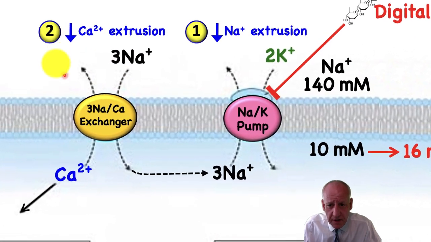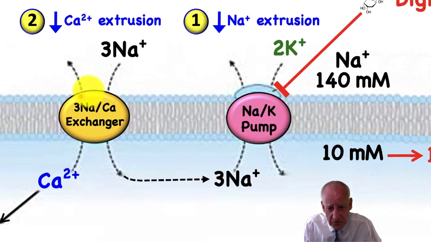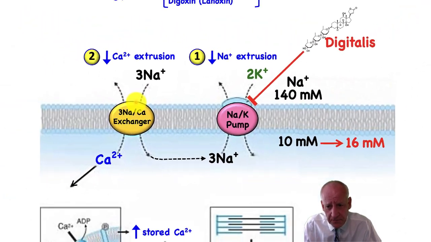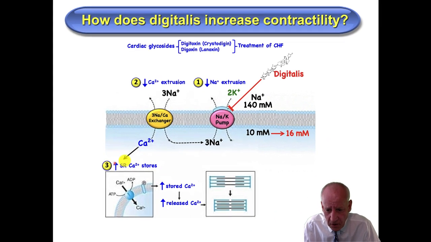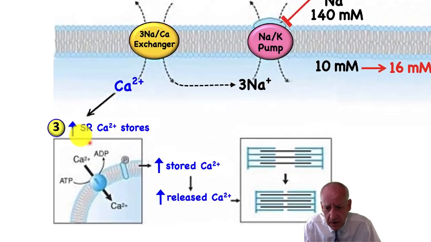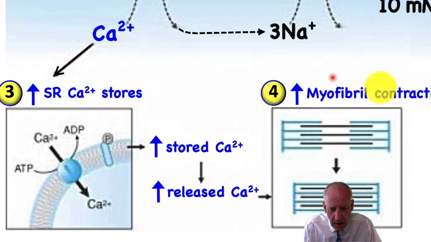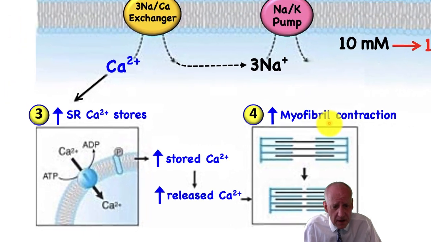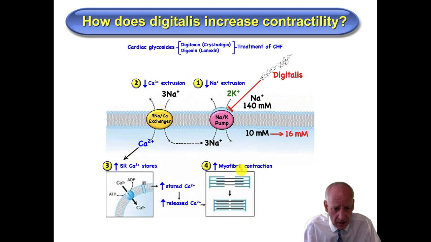This reduces the efficiency of calcium extrusion by the sodium-calcium exchanger, and the SR loads with more calcium during each diastole. And with more calcium stored during diastole, more calcium is released during systole, and the resulting contraction will have greater force at any given fiber length.